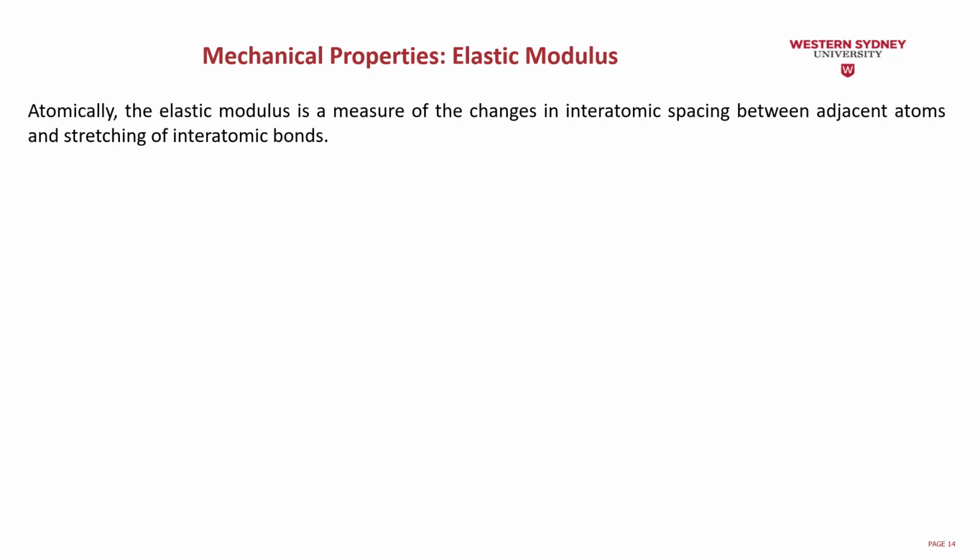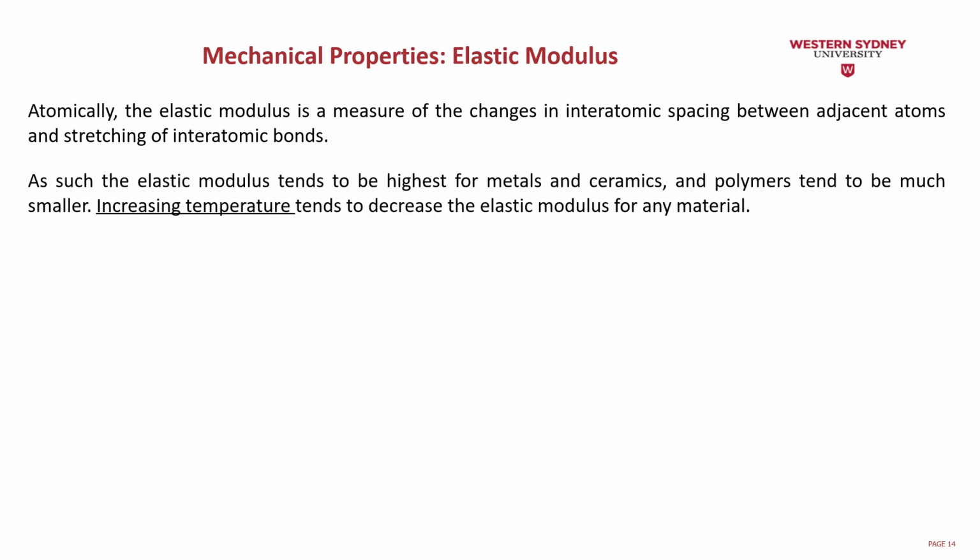So atomically, the elastic modulus is a measure of the changes in the interatomic spacing between adjacent atoms and the stretching of the interatomic bonds. As such, the elastic modulus tends to be highest for metals and ceramics, and polymers tend to be much smaller.